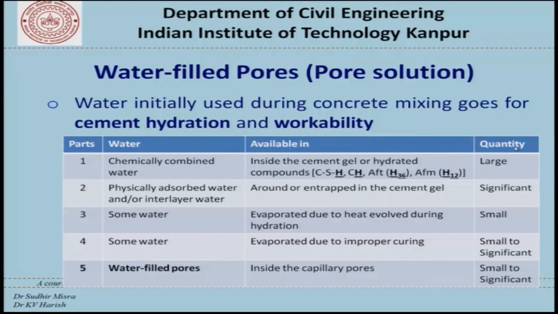And the quantity that you have for each one of them is large, significant, small to significant depending upon whether you have done substantial curing or not. In the fifth case, it is small to significant depending upon the amount of water that is present initially.